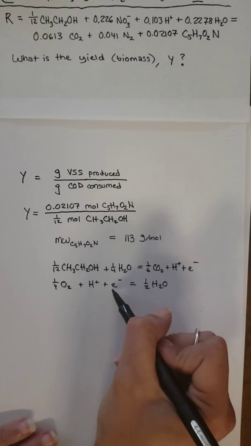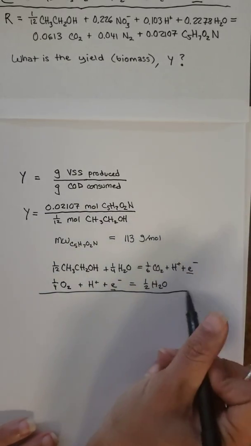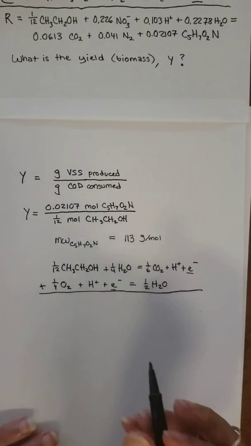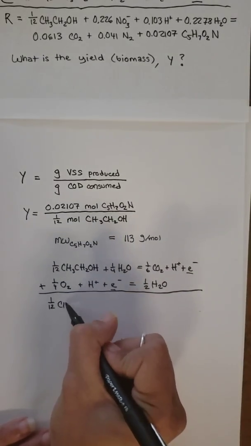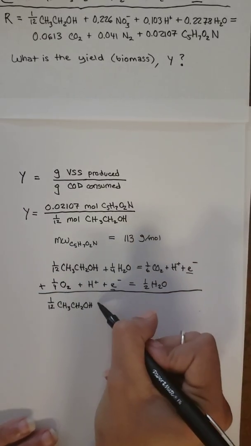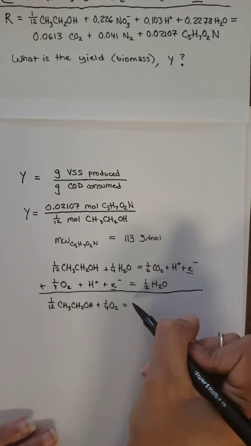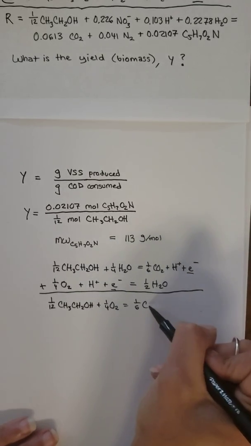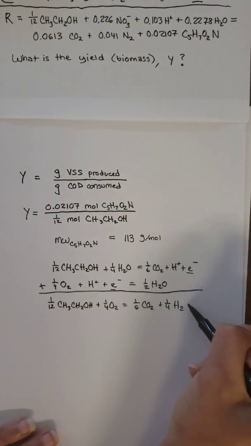And so because they're both already in terms of one electron, we can go ahead and add that. And what we find is we get 1/12 ethanol plus 1/4 O2 goes to 1/6 CO2 plus 1/4 H2O.